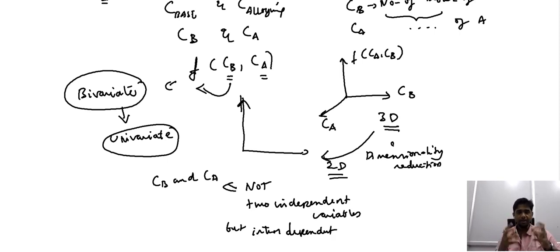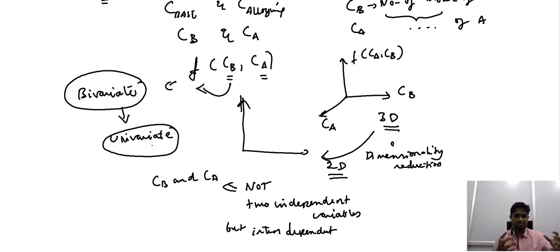When we are able to show that the value of one depends on the other, then using that we will be able to change this bivariate function to a univariate function.